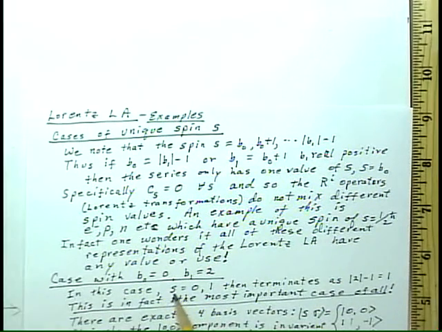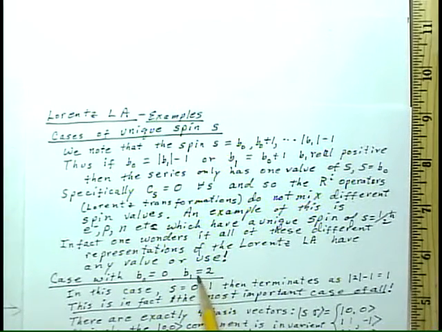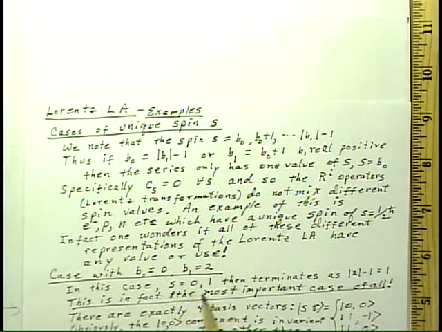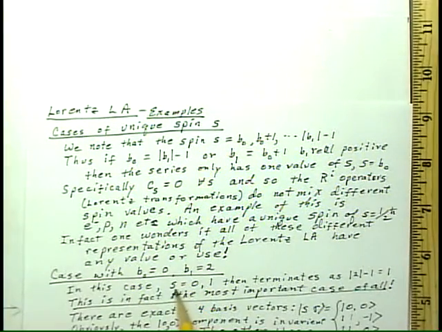Immediately one can see that the spin is going to start out at the value 0 and continue to the value 1, which is the magnitude of 2 minus 1. So consequently, this will end up being a mixed spin representation where we have one Lorentz-Lie algebra representation consisting of spin 0 and spin 1 values.